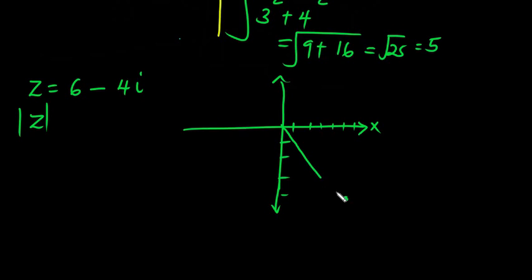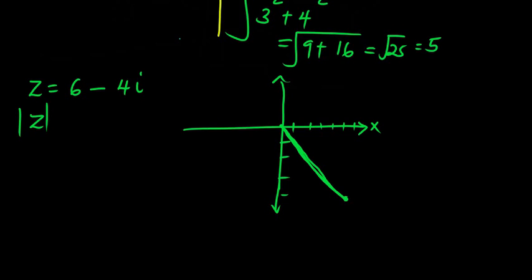So finding the modulus of this complex number means getting the length of this line from the origin to where we have mapped our complex number. So we are still going to use the Pythagoras theorem to find the modulus of this complex number.